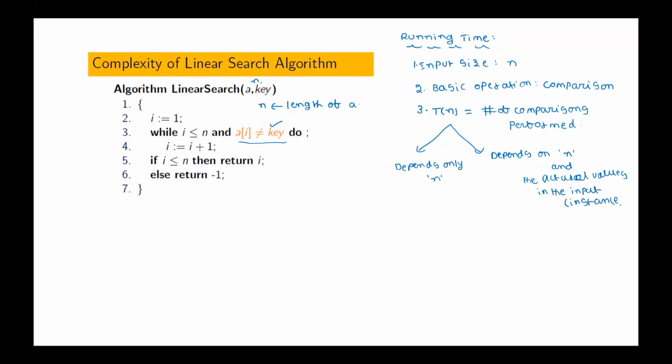Out of these two, which one is true? It depends only on n, or it depends on n and the actual values in the input also.